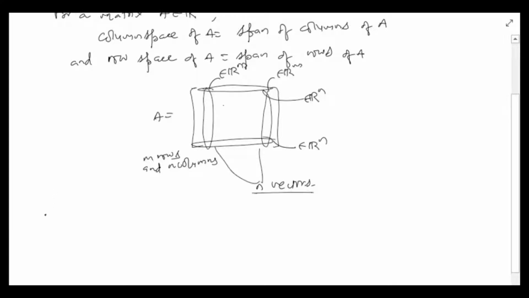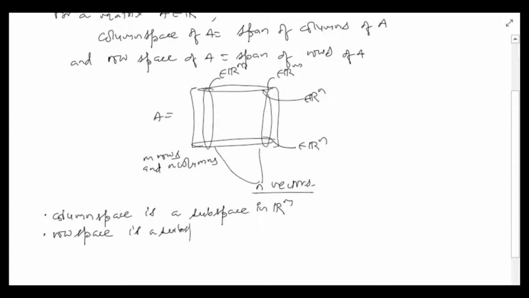Clearly, each column being a vector in Rm, the column space is a subspace of Rm. Similarly, row space is a subspace of Rn.